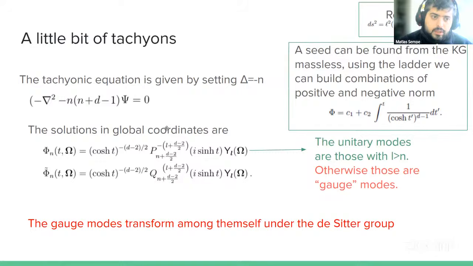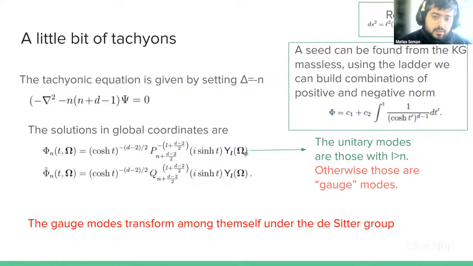The case of the tachyonic fields has a delta with a negative integer. It can be zero also. Zero is not a tachyon, but zero is a shift-symmetric field, in the sense that we can put a constant shift. In this case, the unitary solution is this phi n that we are putting here.